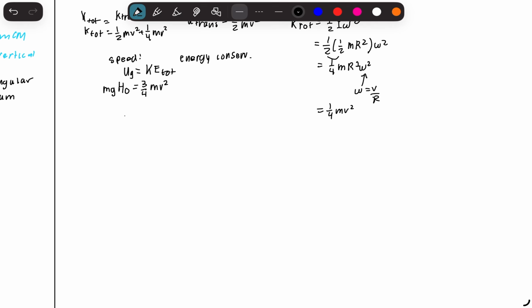So we have v squared is equal to 4 over 3 gh initial. The reason for that is 4 over 3, that cancels out there. Now we want to take the root of both sides. So v is equal to the root of 4 over 3 gh initial.